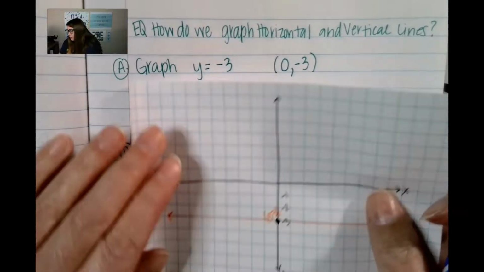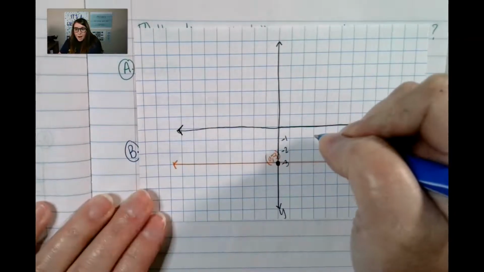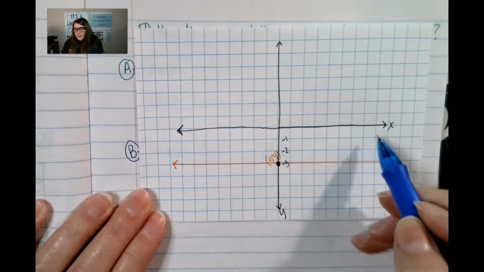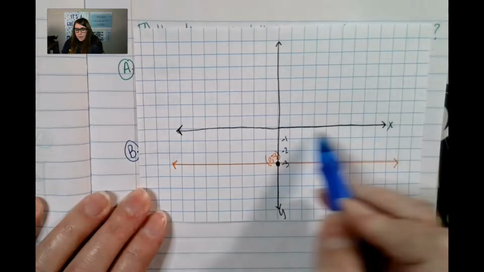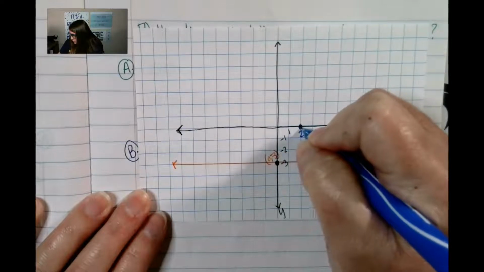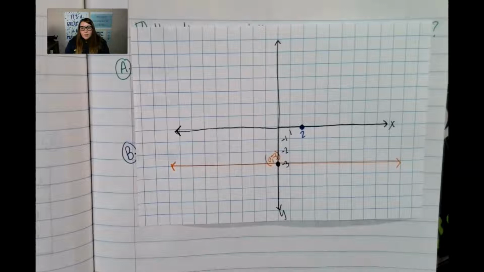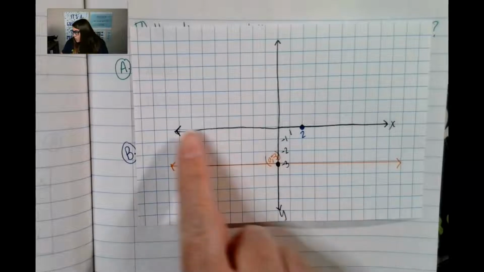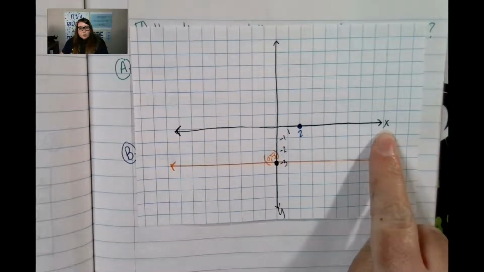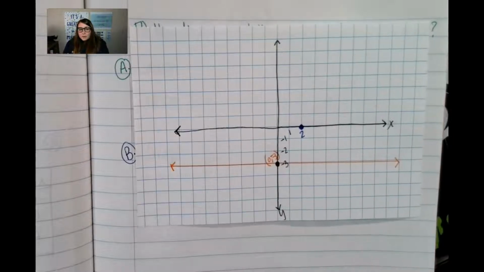Now we're just going to graph x equals 2. So I'm going to find my number line. Here's my x-axis. Here are my numbers, 1, 2, x equals 2. There's a dot, x equals 2. But what kind of line does x equals 2 make? If I drew a horizontal line, it would not include any of the y values or show you that y is 0.